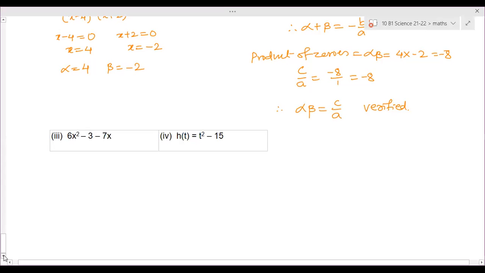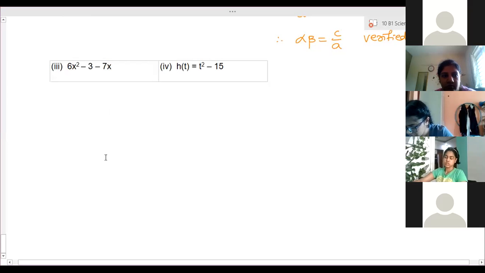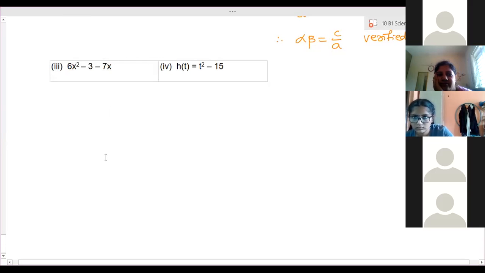What are the factors? Factors are 3x plus 1 and 2x minus 3. Ma'am, 3x minus 1 and 2x plus 3. Ulta, ma'am.